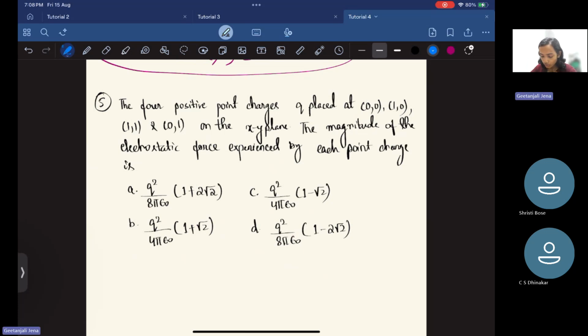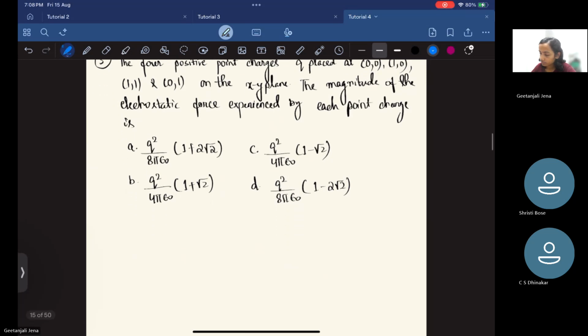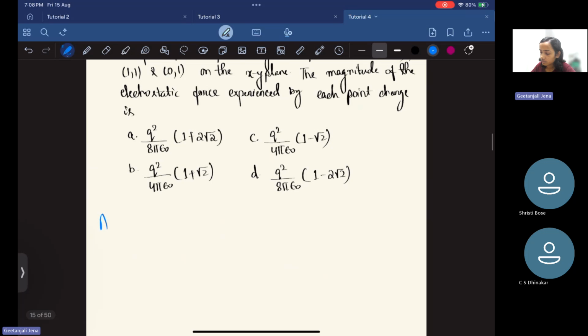So there are 4 positive point charges Q placed at 00, 10, 11, 01 on the xy plane. The magnitude of the electrostatic force experienced by each point charge is. I think it's easy to find out the answer.